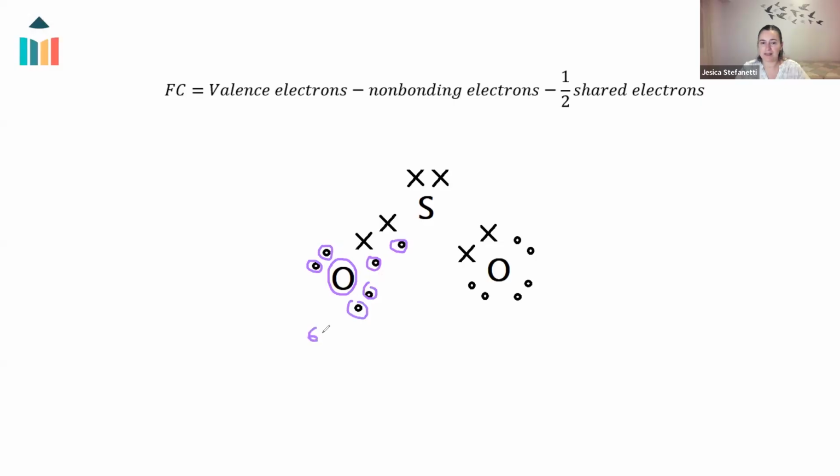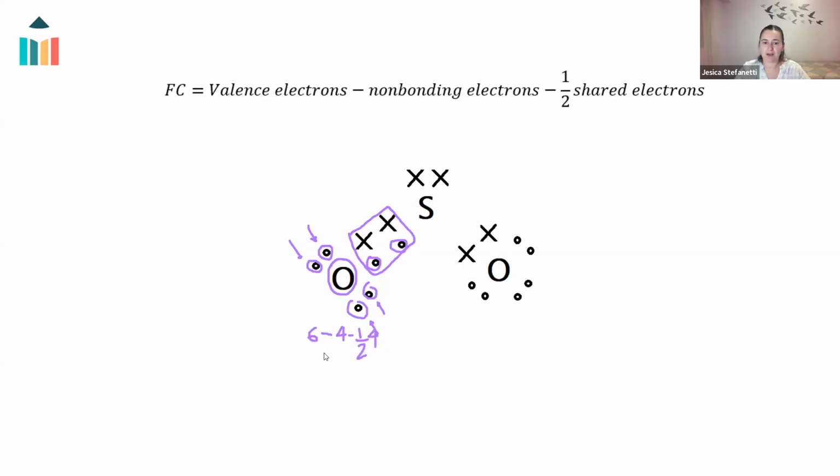Then I will subtract the lone electrons, the ones in lone pairs. This one, this one, this one, and this one will be subtracted, so we will subtract 4. And then we will subtract 1/2 of the bonding ones. All the bonding ones are those 4 electrons we have there. So all we have to do is this calculation here.